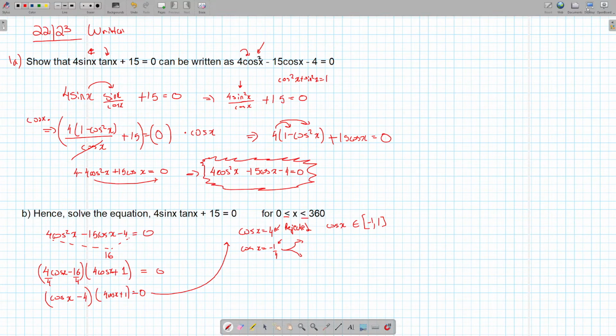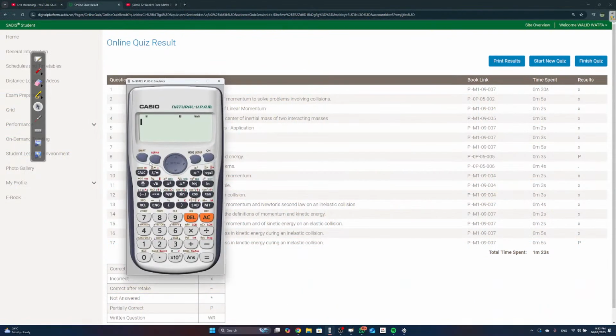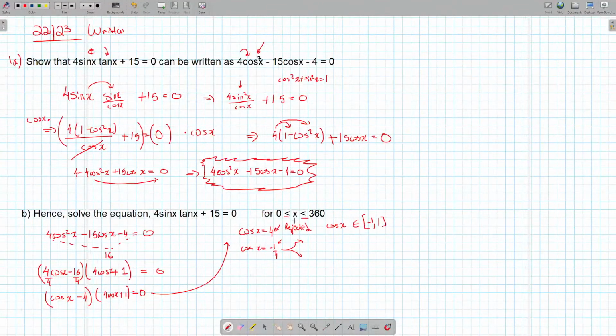Let's get our calculator in degrees, since our domain is in degrees. Shift cosine of minus 1 over 4. You're going to get the first solution is 104.5 degrees to 1 decimal place. I always tell you, for cosine, take the negative.